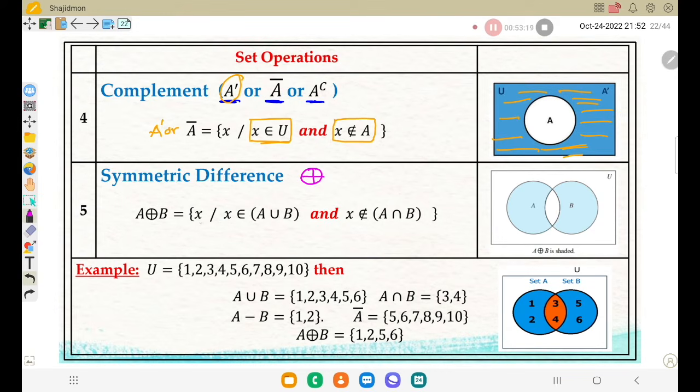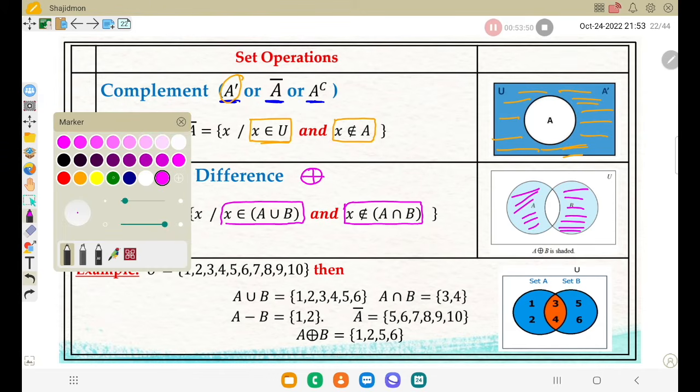It is the set of all x such that x should be in A union B, and x should not be in A intersection B. That means delete this intersection portion, take all other portions. Don't take the intersection portion; here you need to take, here you need to take. It should be in A union B, but should not be in A intersection B. That is the meaning of symmetric difference of two sets. So I hope you understood all five operations.